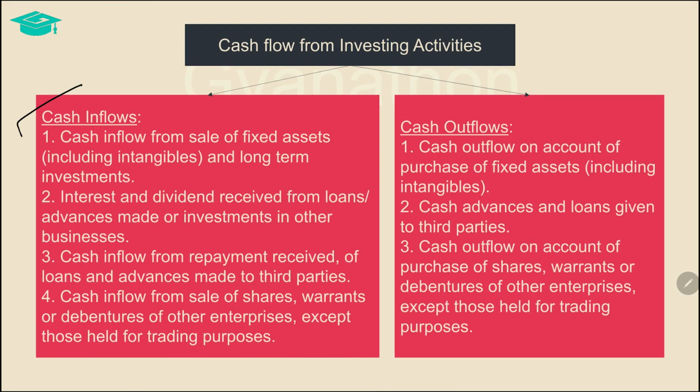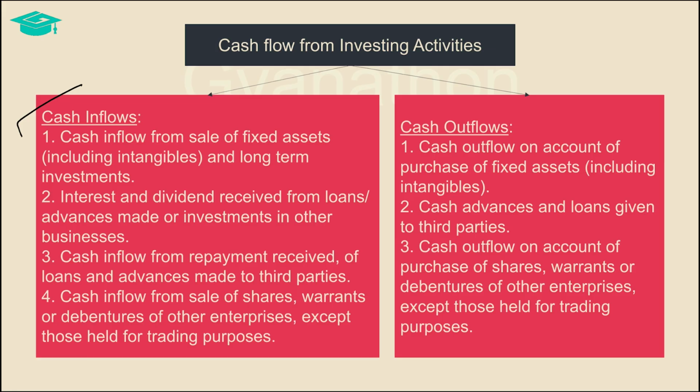The cash inflows from investing activities include cash inflow from sale of fixed assets, including intangibles and long term investments, interest and dividends received from loans or advances made, or investments in other businesses, cash inflow from repayment received of loans and advances made to third parties, as well as cash inflow from sale of shares, warrants, or debentures of other enterprises except those held for trading purposes.